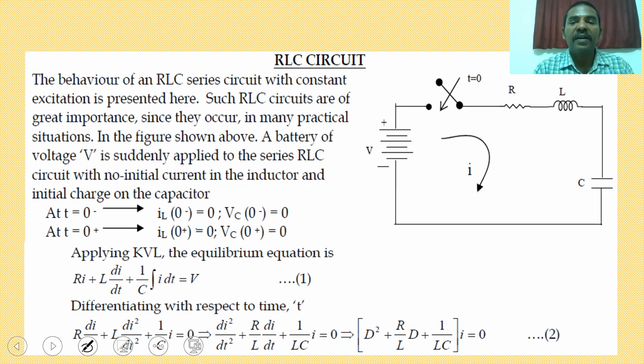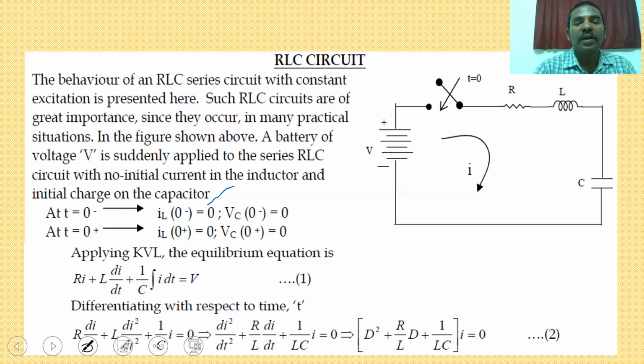Here t is equal to 0 means two conditions: one is the t is equal to 0 minus condition, another is the t is equal to 0 plus condition. Just before the switch is closed is t is equal to 0 minus, so I of 0 minus is 0, because the circuit is still open and no current will flow.